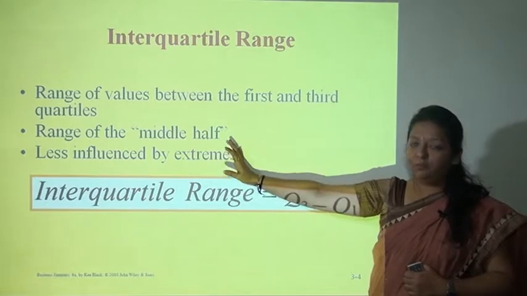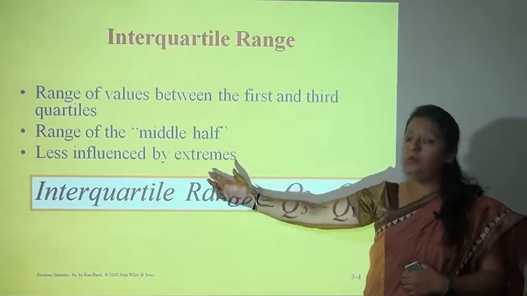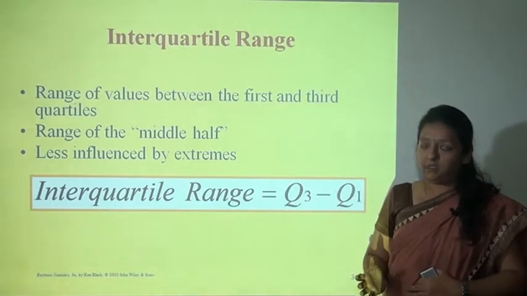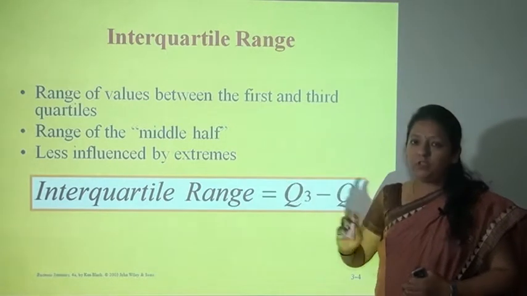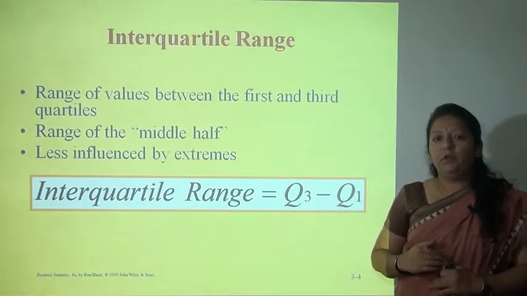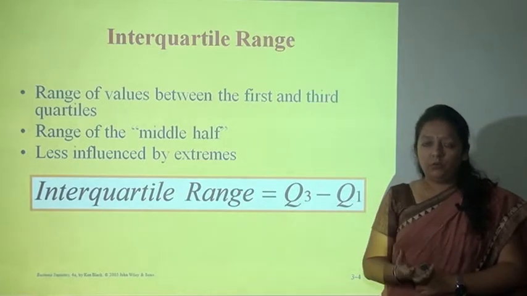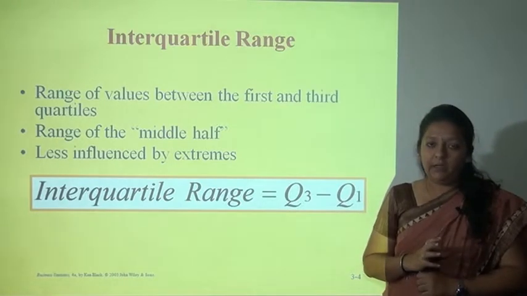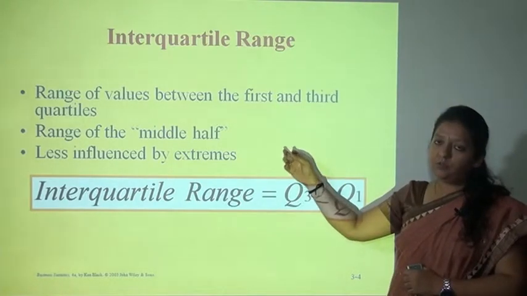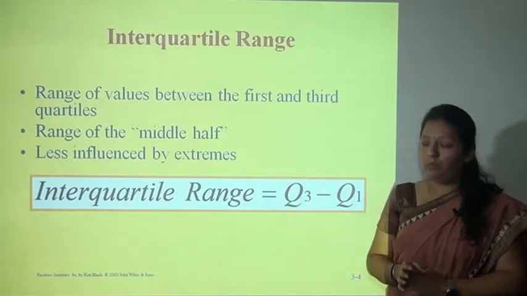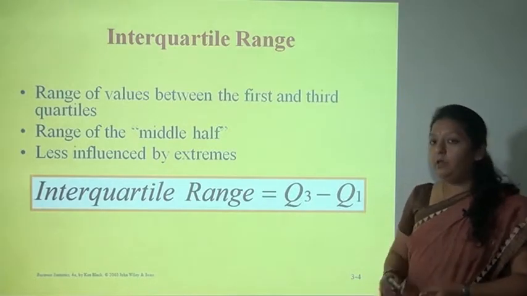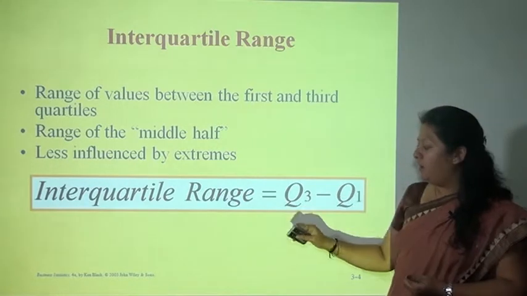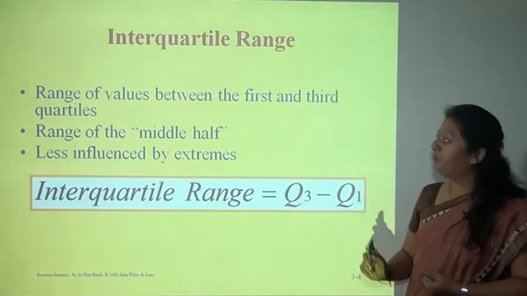It is the range of the middle half of the group of data, less influenced by the extremes. If one adds extreme values or the smallest values to the data set, it is unaffected by the values being added. So simply, the formula for calculating the interquartile range is Q3 minus Q1.